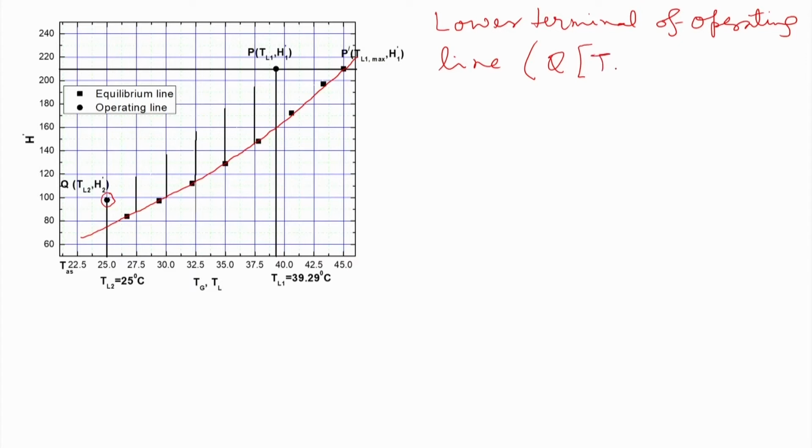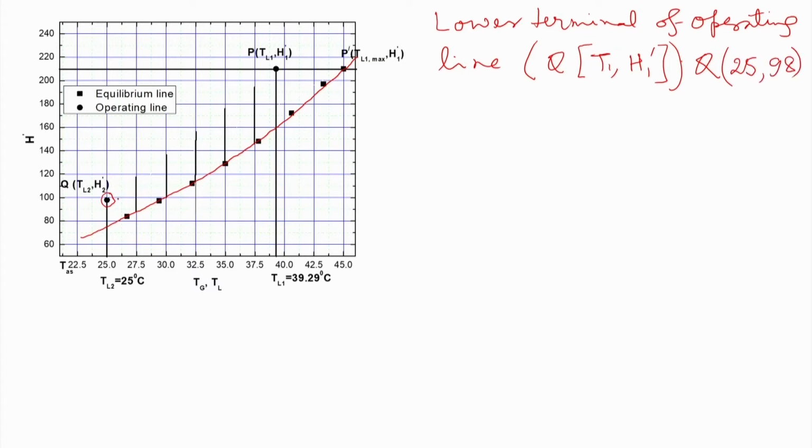Now, you see above the equilibrium line, TL2 is equal to 25 degree Celsius, and Q is the lower terminal of the operating line, which has the dimension of temperature and enthalpy value, T1 and enthalpy, that is 25 degree Celsius and 98.